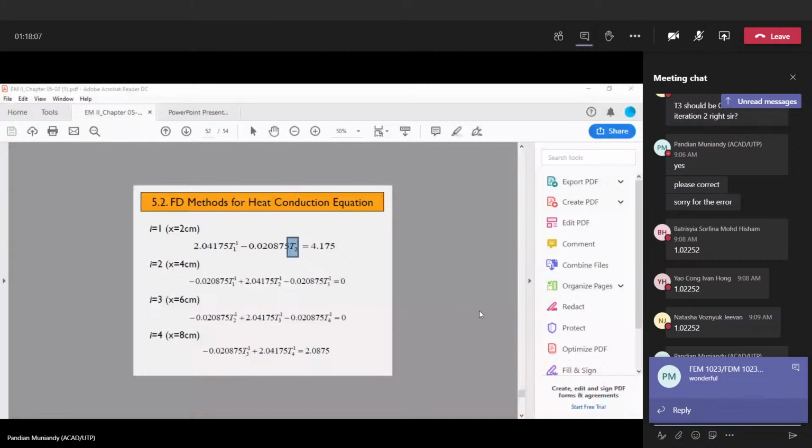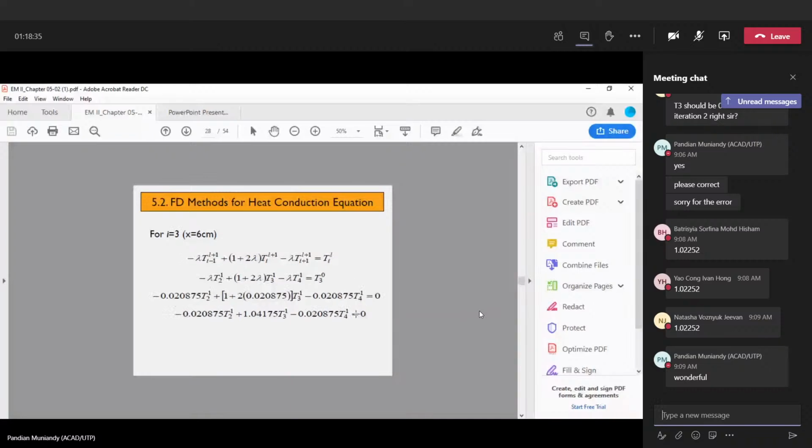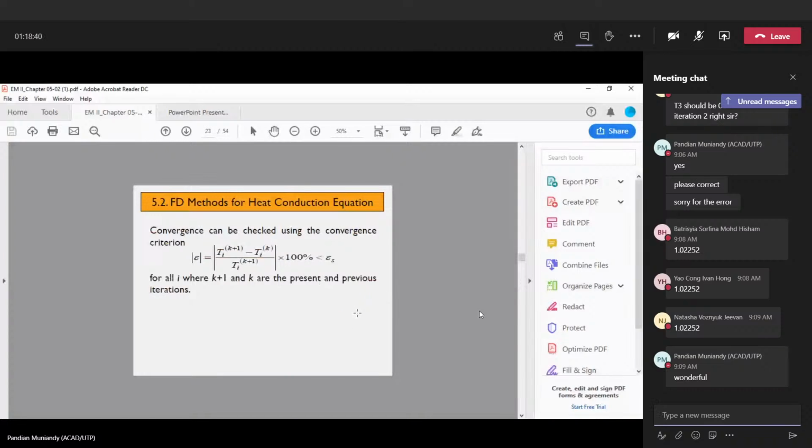Okay. Now you already have T1, T2, T3, T4. So we want to calculate the error. The last part, yeah? The error for temperature 1, T1. You see the slide here. We want to calculate the error to show which method is the best.